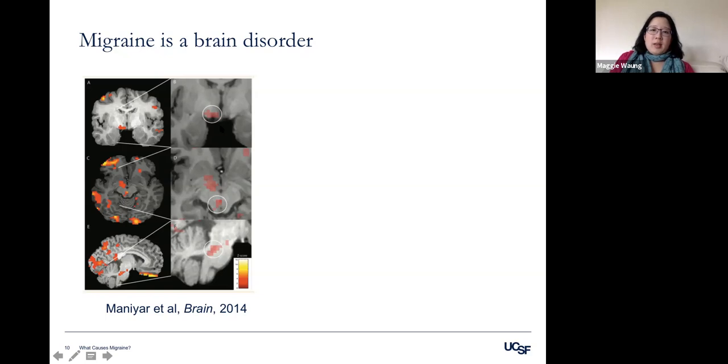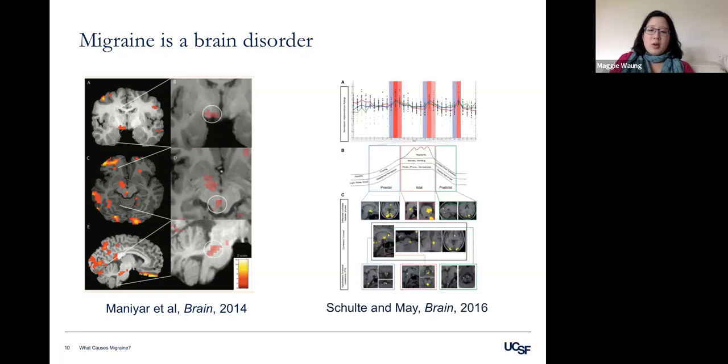Another great study that was done a couple of years ago is from a paper where they took one patient who had migraines and put her in an MRI scanner every day at the same time for an entire month. Instead of triggering her migraine, they just let her migraines happen whenever they did. Luckily, she had three migraines during this time.